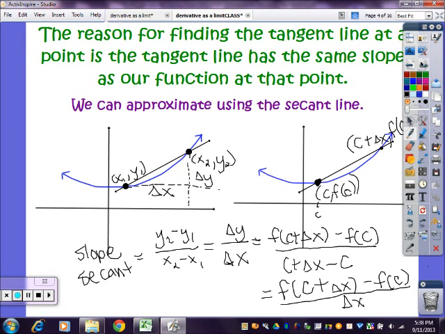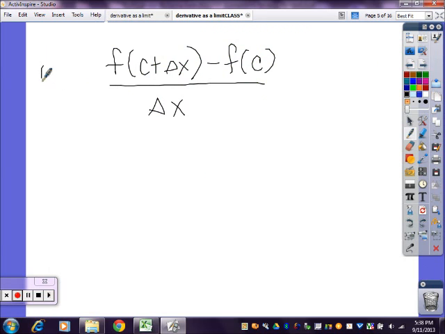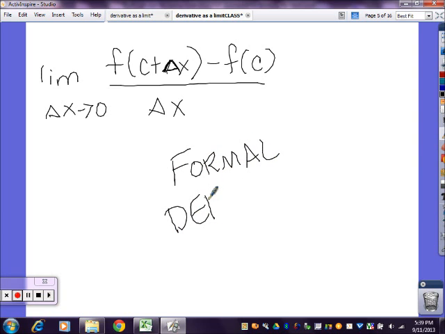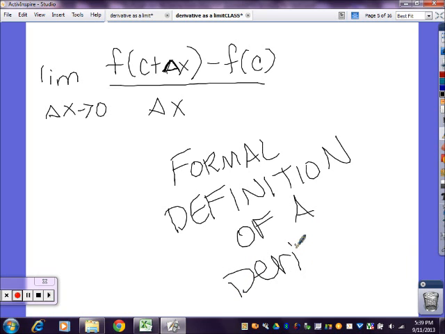Algebraically, I say the limit as delta x approaches 0. That is how I would find the slope of the tangent line, which is also the derivative. So now you know the formal definition of a derivative, in very ugly handwriting. Ta-da!